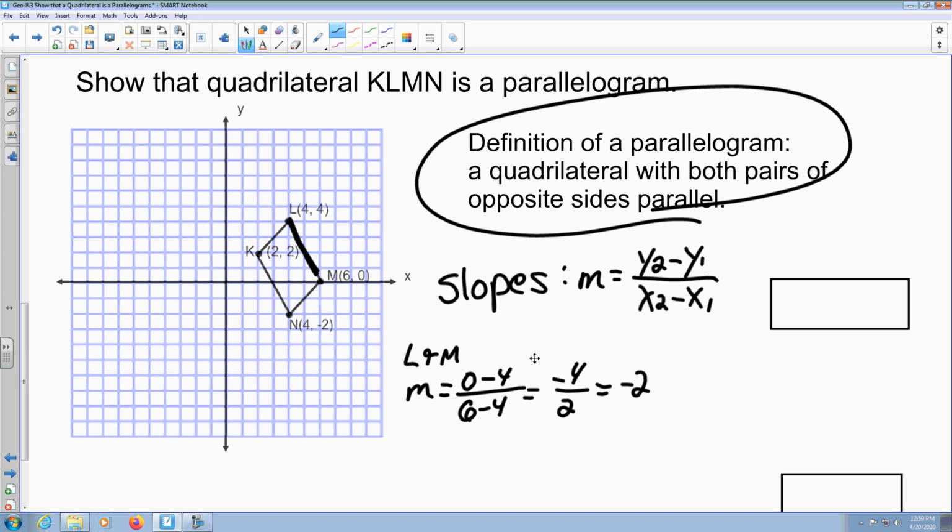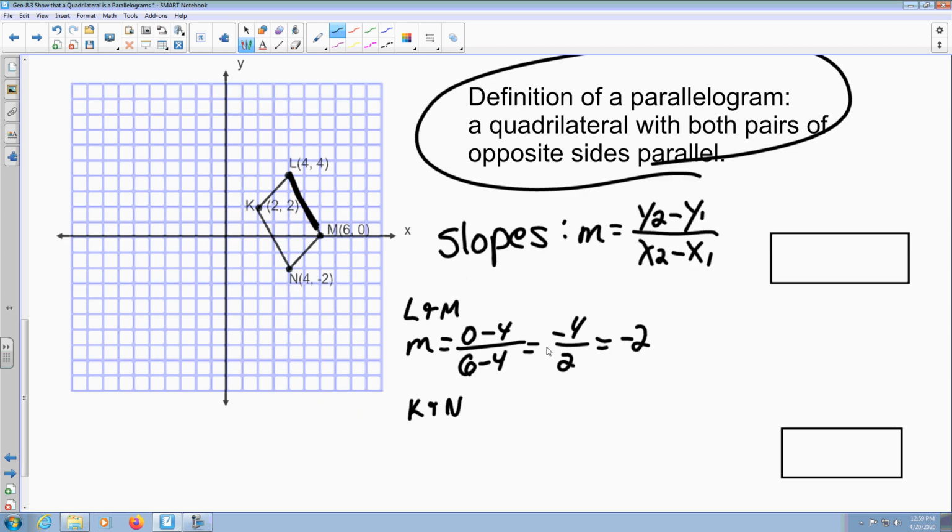Now we have to look at the slope between K and N. That one has to be negative 2. If it's not negative 2, that means they're not parallel, and this figure is not a parallelogram. Looking at the slope of this one, I get negative 2 minus 2 divided by 4 minus 2. This gives me negative 4 over 2, which gives me negative 2. Since they are the same, I found that at least these two opposite sides are parallel.